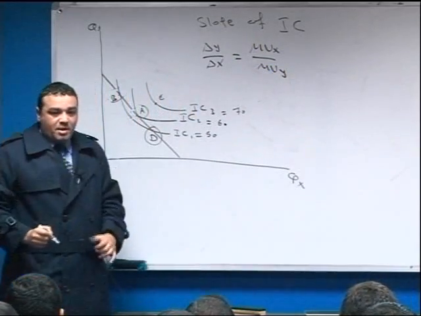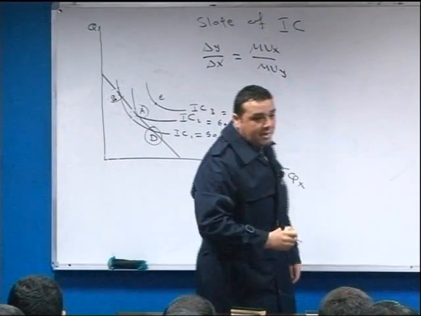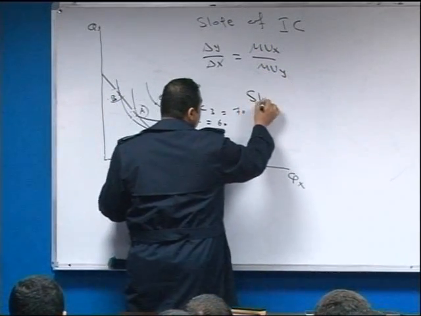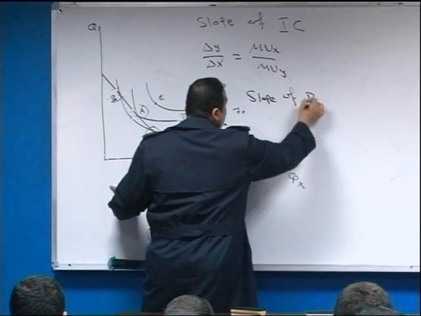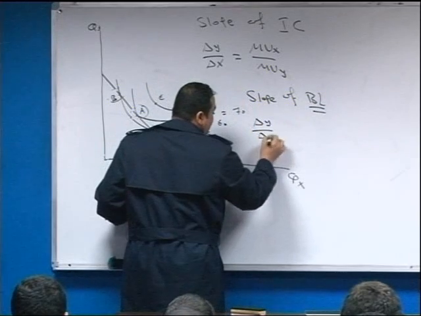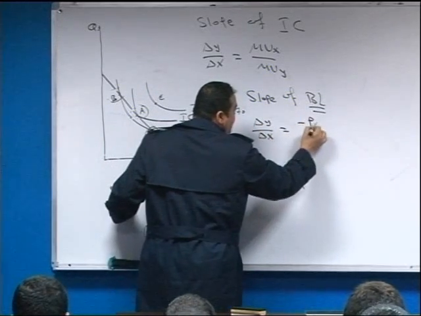This is the slope of the indifference curve. What about the slope of the budget line? The slope of the budget line is delta y over delta x equals minus PX over PY.